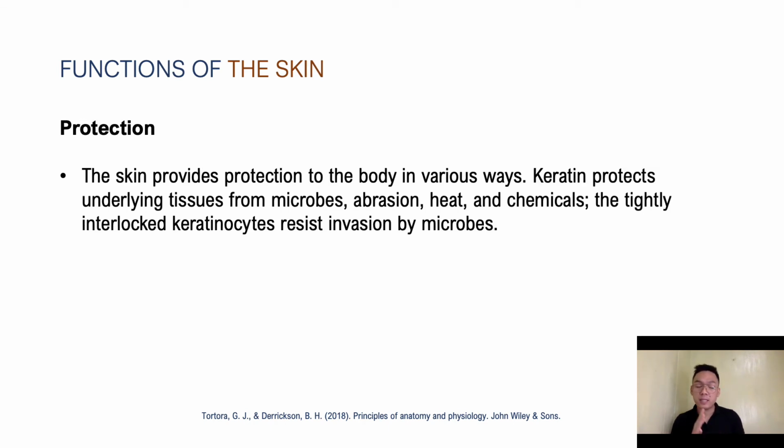Protection. It protects your body in different ways. Keratin protects underlying tissues from microbes, abrasion, heat and chemicals, and the tightly interlocked keratinocytes resist invasion by microbes. Lipids released by the lamellar granules inhibit the evaporation of water from the skin surface, thus protecting your skin against dehydration.